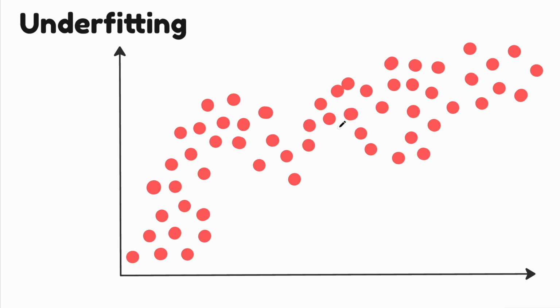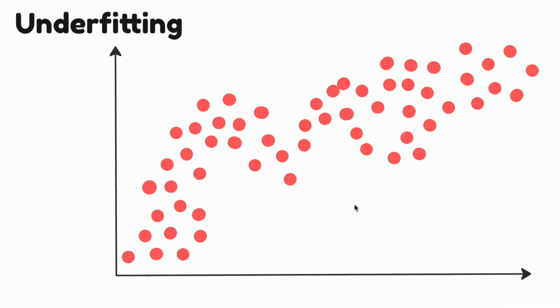This is a two-dimensional graph, and all the points that you see here can be plotted in a two-dimensional plane. Of course, there's the x-axis and this is the y-axis. Now, what would be underfitting in this case? If we combine all these data points, this is actually not a straight line.